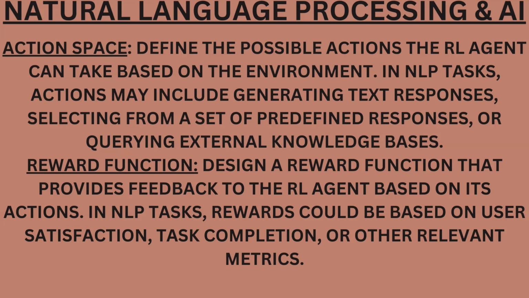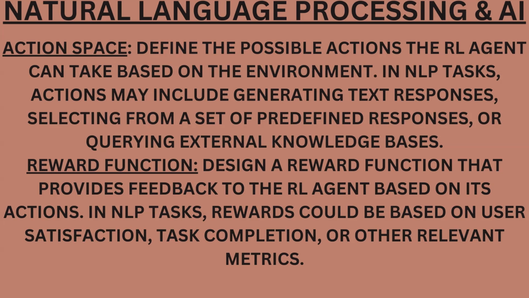In natural language processing tasks, actions may include generating text responses, selecting from a set of predefined responses, or querying external knowledge bases. Reward function. Design a reward function that provides feedback to the reinforcement learning agent based on its actions.